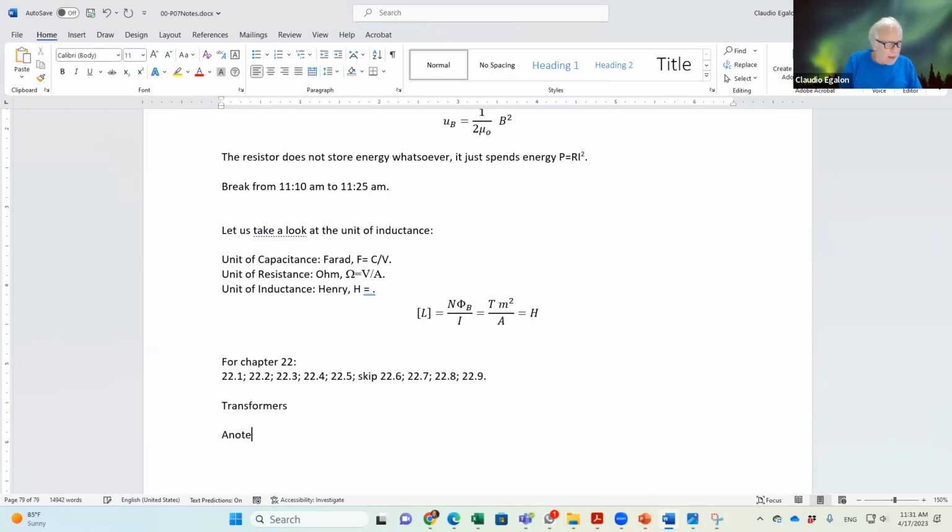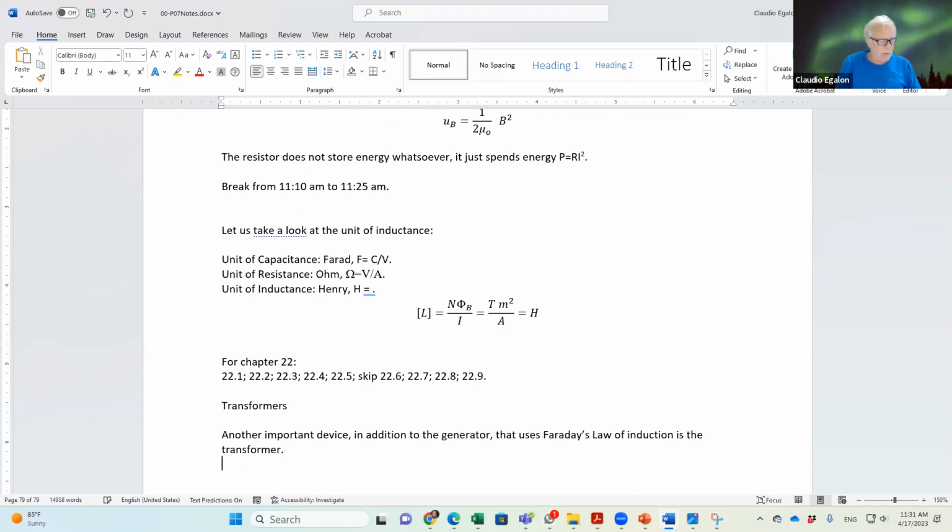Another important device that uses Faraday's law of induction. We have the generator. In addition to the generator, another important device used by these laws of induction is the transformer.